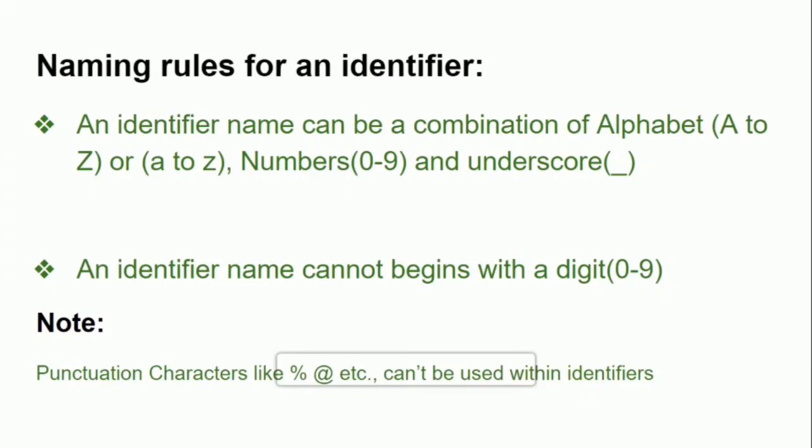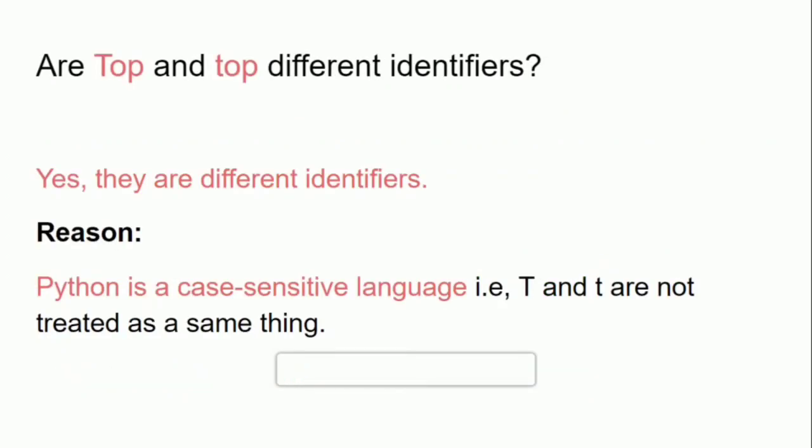Note, punctuation characters like percentage, at the rate, etc. cannot be used within identifiers. While naming identifiers, you cannot use punctuation characters, whether it's at the rate, hash, dollar, whatever it is. Okay, now there arises a question. Are Top and top different identifiers?